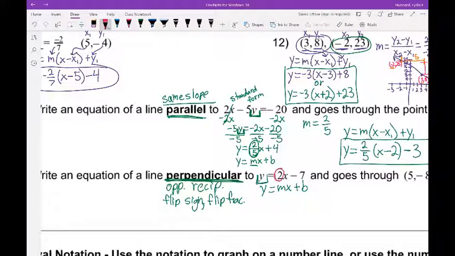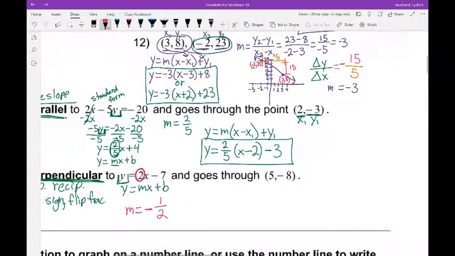So we're going to take this 2. If that 2 is originally positive, our new slope is going to be negative. And if that original slope is 2/1, then we'd have to flip that to get the reciprocal. So it'd be -1/2. Again, we flipped the sign, and 2/1, we'd have to flip that fraction to be 1/2. So this would be our new slope.